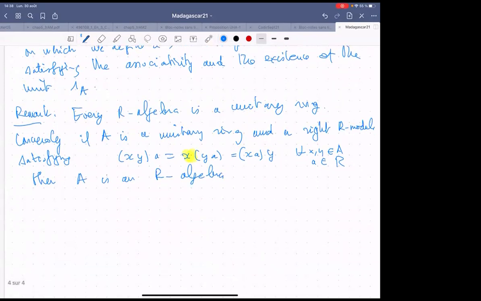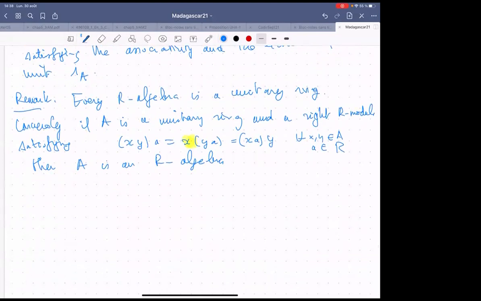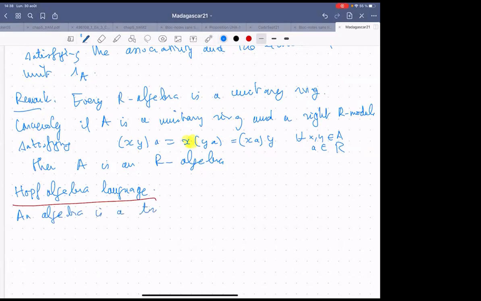Now, if we want to use what we call Hopf algebra language, then in this case, an algebra is a triple (A, mu, eta), where mu and eta are linear maps.